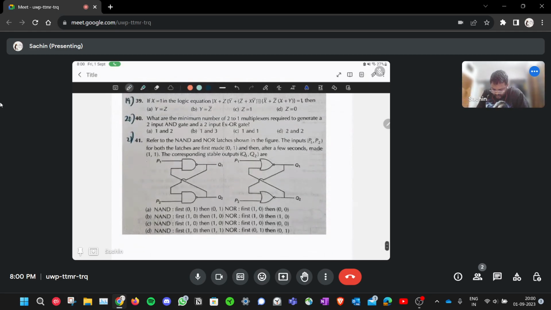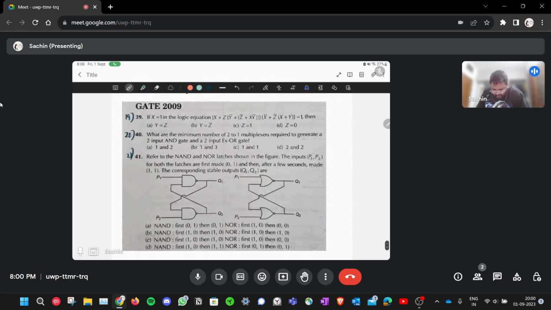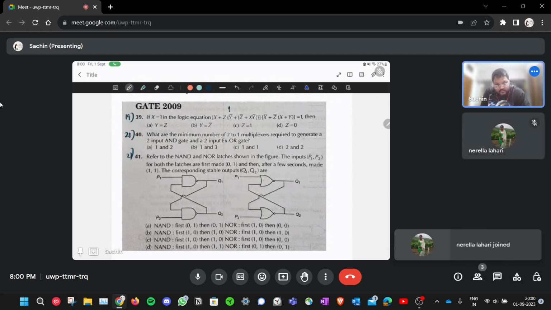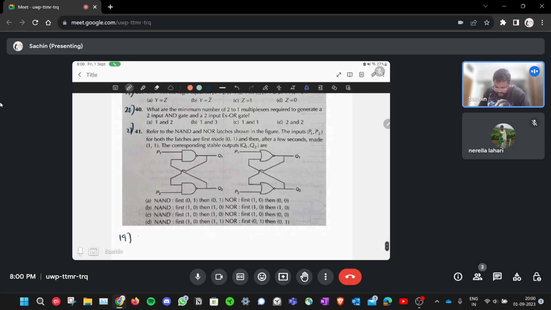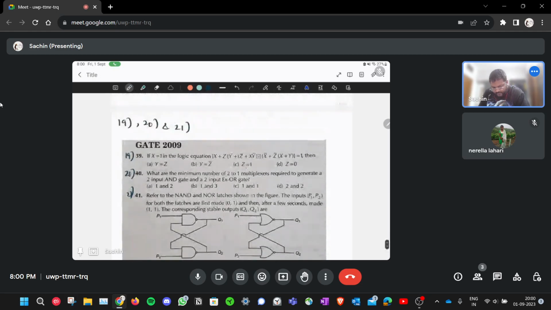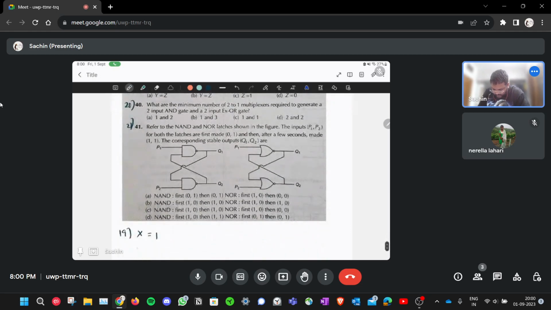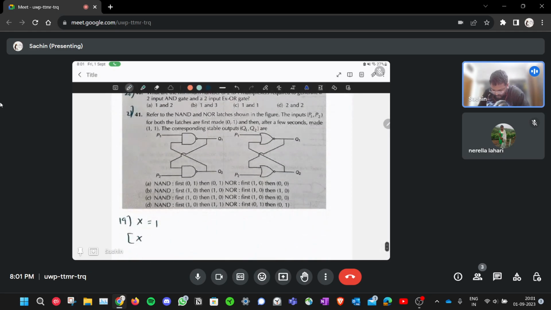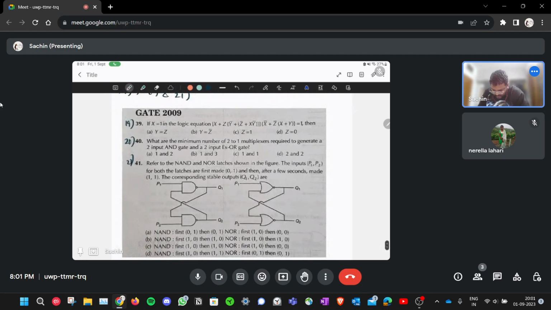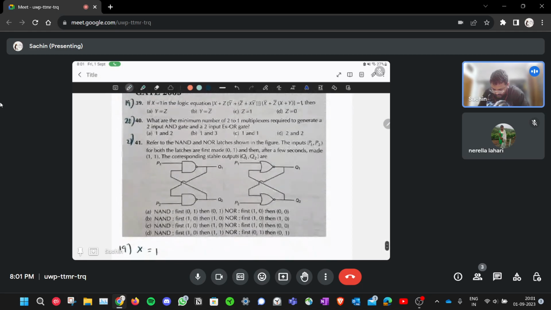So since x is 1, the first expression is, so they're given in question number 19 x is equal to 1, and we have to figure out some condition.